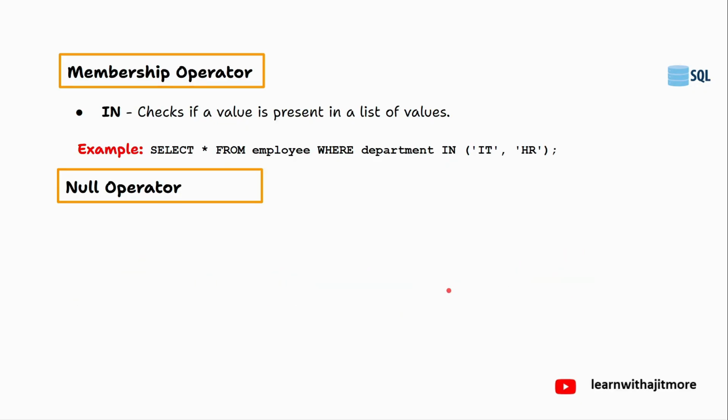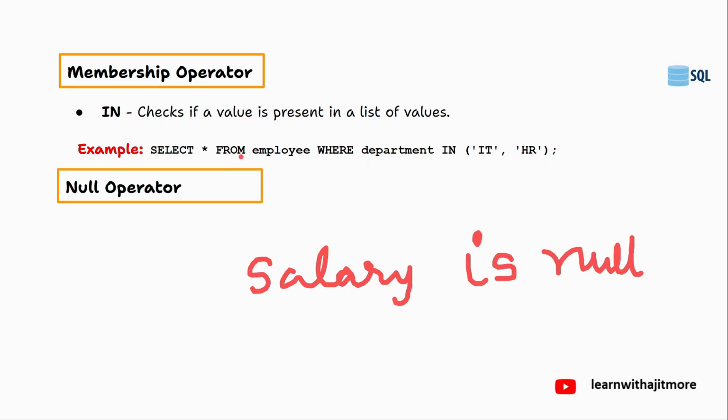If you try to compare it with equal to, it is neither true nor false. It will not consider that comparison. So in that case, you have to compare using is null. You have to write it like this: salary is null, and is not null is also there, like in and not in.